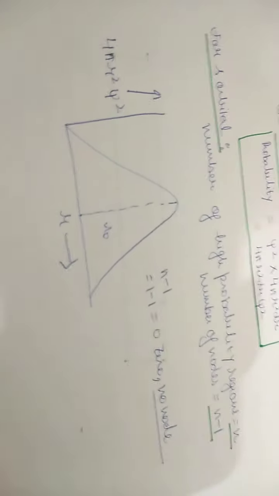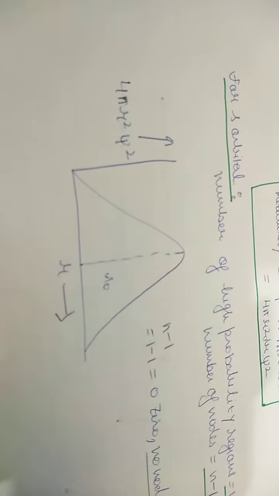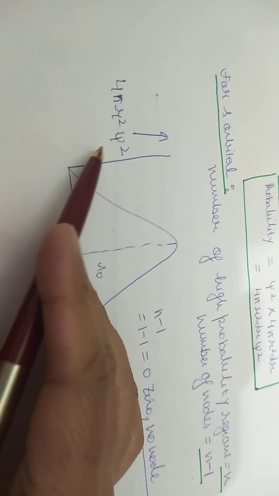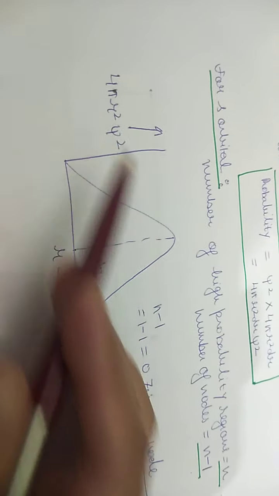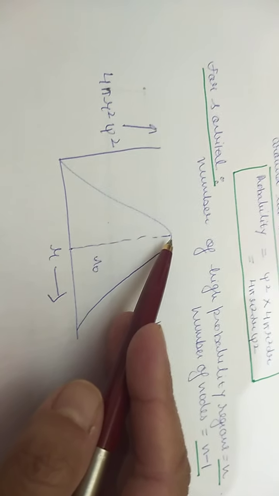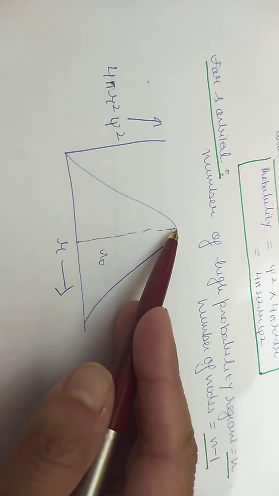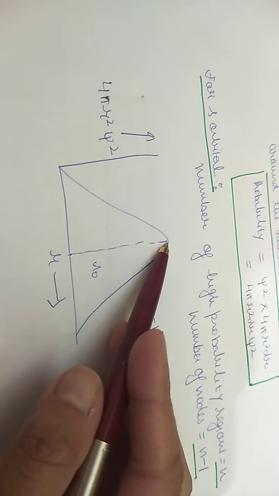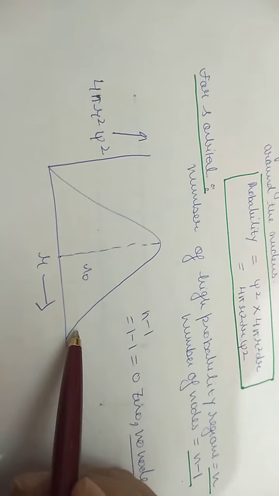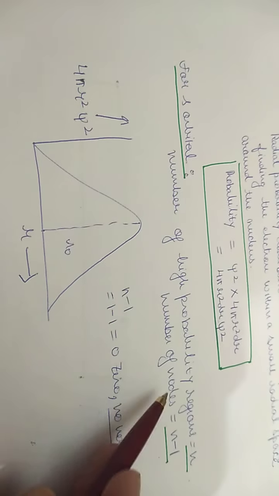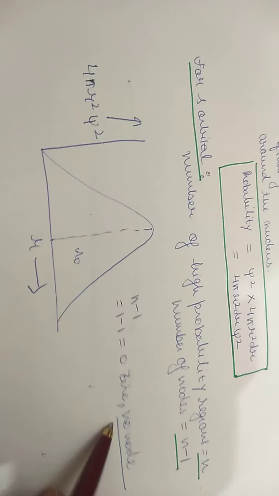You can see here 4 pi r square psi square, the probability distribution, versus r. This is the region of maximum probability of finding the electron. r0 is the distance where the probability of finding the electron is maximum, and there is no node in this orbital. The number of nodes is equal to 0.